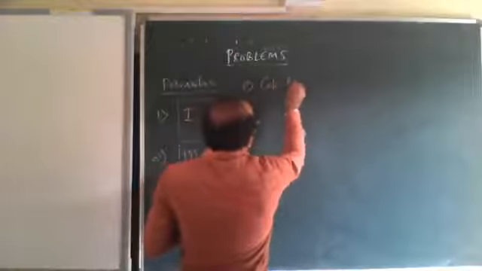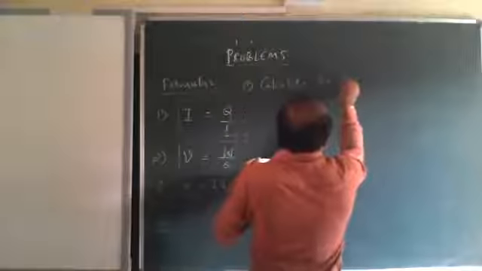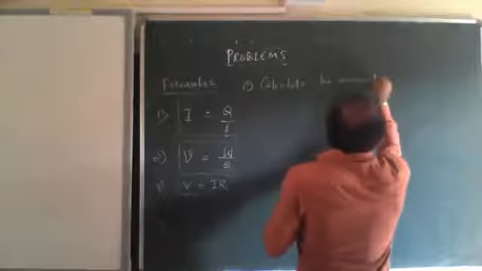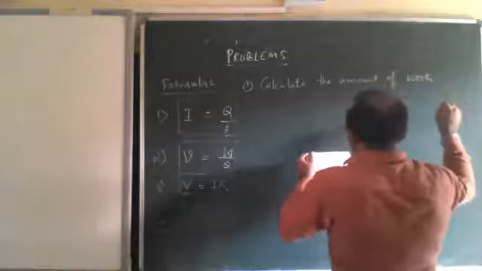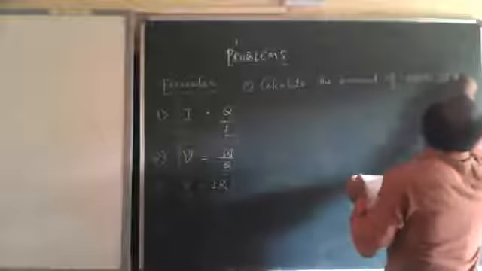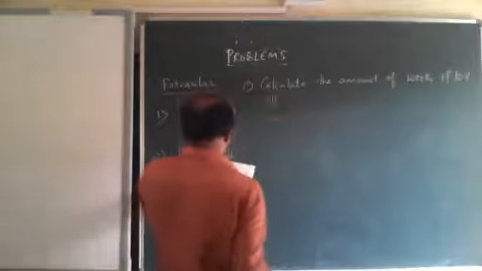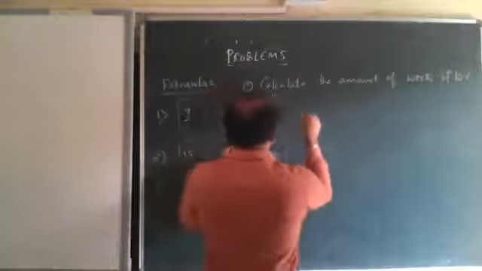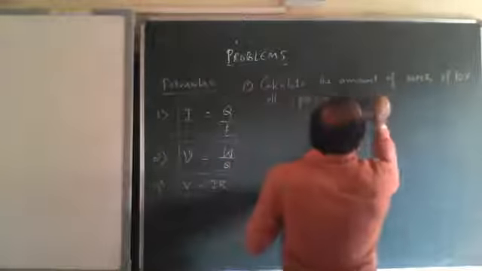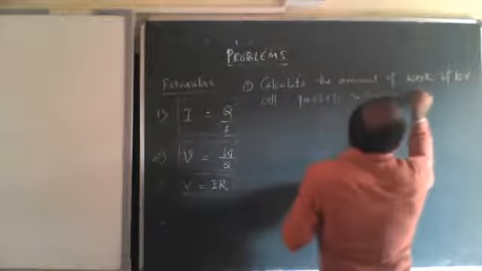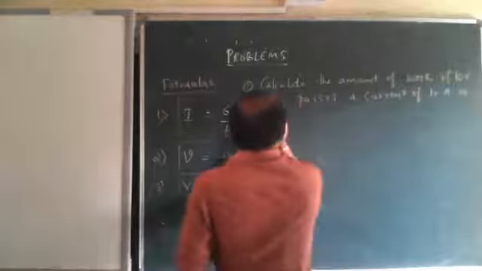Calculate the amount of work if a 10 volt cell passes a current of 10 ampere in 10 seconds.